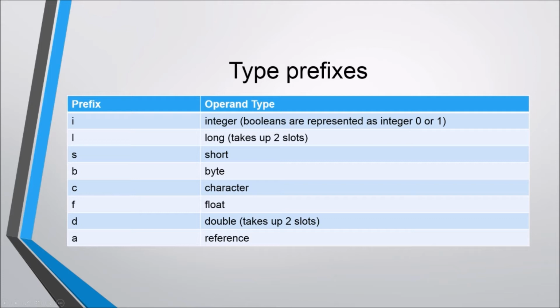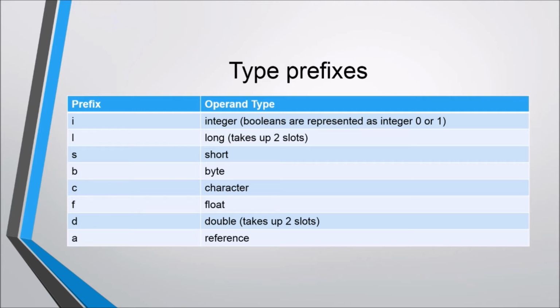Each of the instructions will generally have a prefix if they are required. So if I was to perform the bytecode instruction iadd, it would add 2 integers. If I had ladd, it would add 2 longs. So if you ever see a bytecode instruction that has a prefix before it, you can refer to this table and understand what it is. I should also point out that when dealing with bytecode, booleans are represented as integers.